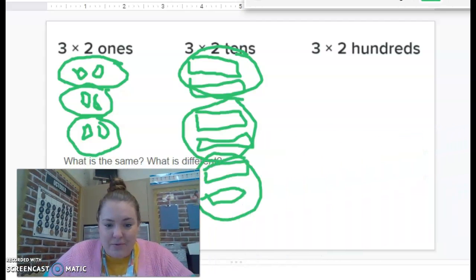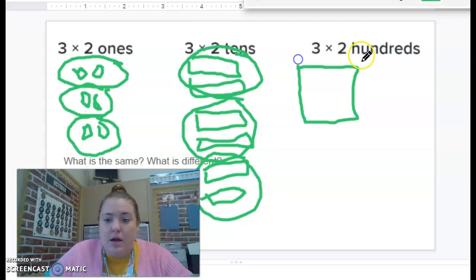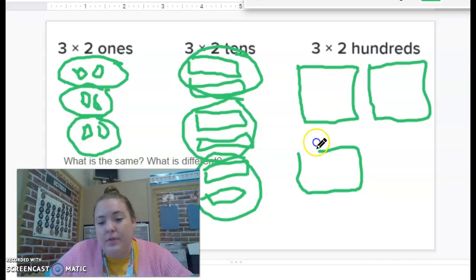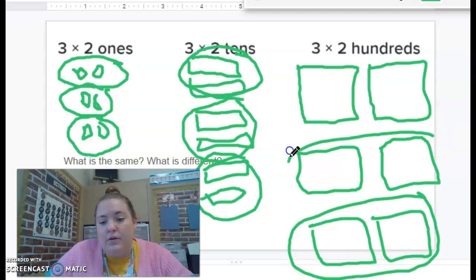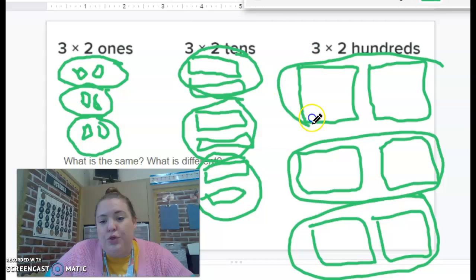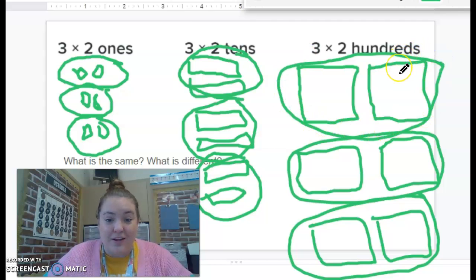Now I'm going to have 3 groups of 200s. So I'm going to make these much larger to represent hundreds. So there's 2, 2 more, and 2 more. So here we have 1, 2, 3 groups of 200.